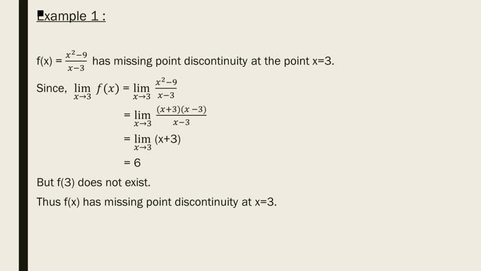Take the example here, a beautiful example: f of x is equal to x square minus 9 by x minus 3. It has a missing point discontinuity at x equal to 3.